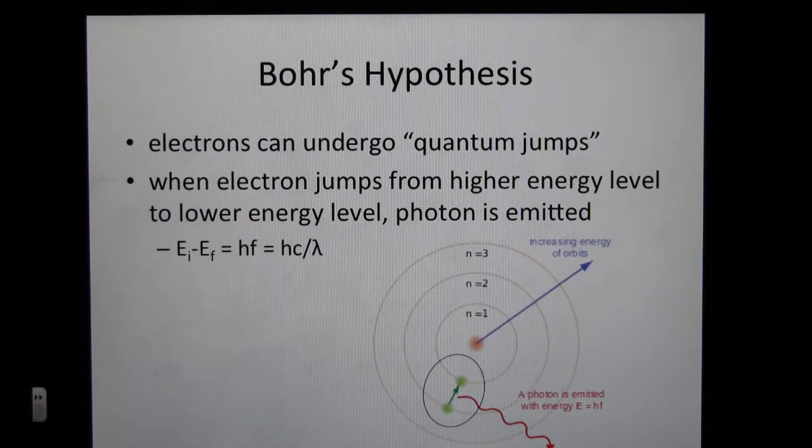Because each energy level has a certain amount of energy that corresponds to it, we can define the loss in energy of the electron, which is E initial minus E final. The energy is equal to hf by Planck's quantum hypothesis, which can be further changed to hc over lambda.